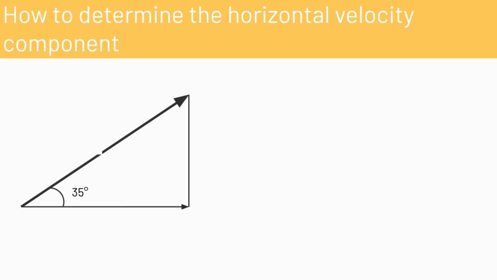Now in a similar fashion, we're going to determine the horizontal velocity component. So our original velocity, our composite velocity vector, is 60 meters per second. Now we've got our horizontal velocity component. It's in the x direction, and we don't know what that is.